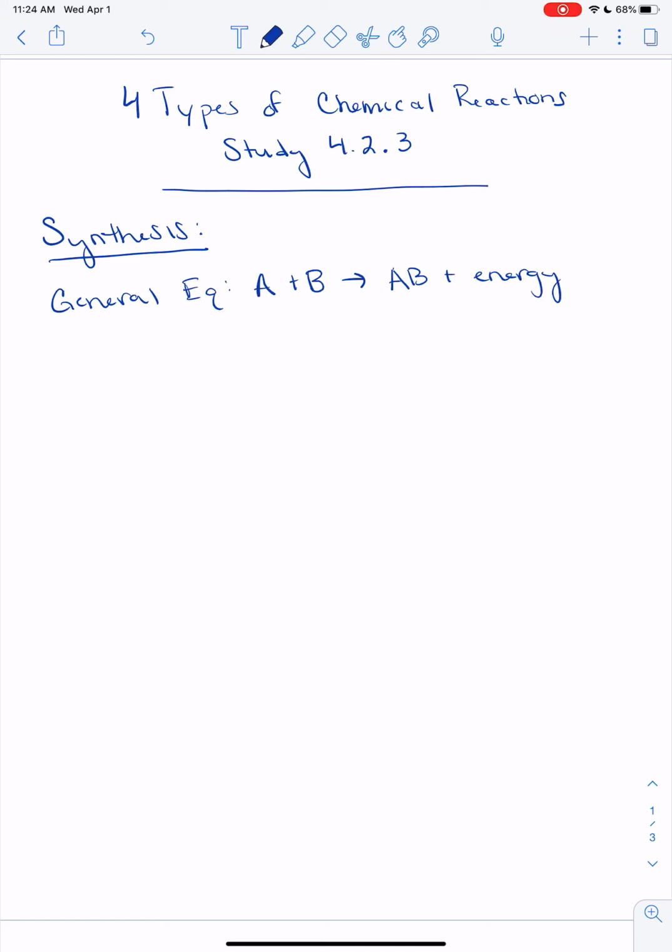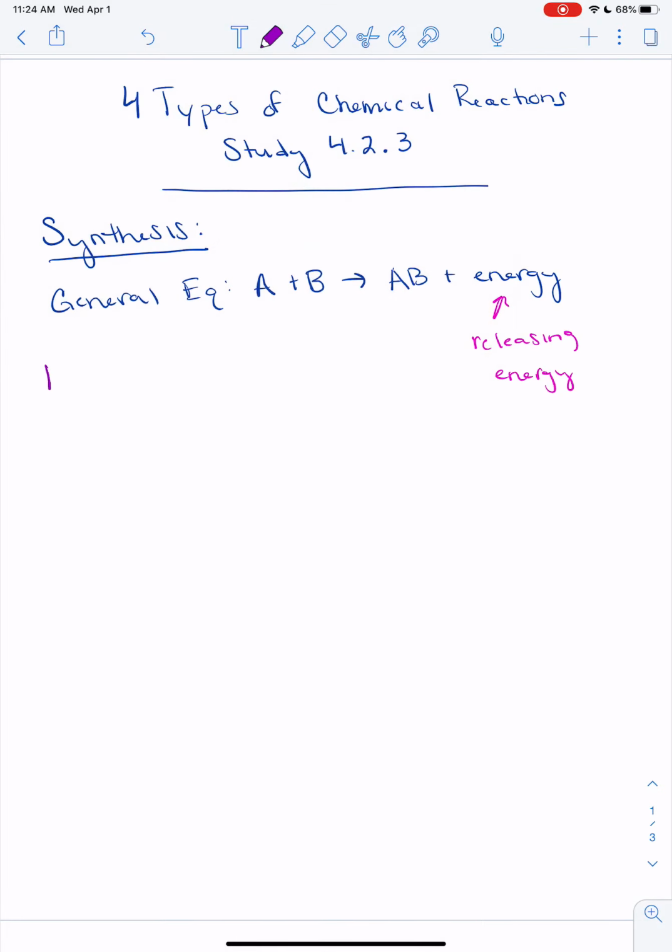So what's happening in this equation is that you have 2 separate things that are combining to make one new molecule. And in that process, it is releasing energy, okay? When we have energy at the end there, this means it is releasing energy, okay?